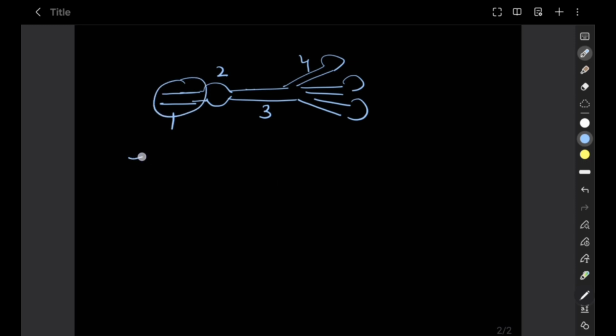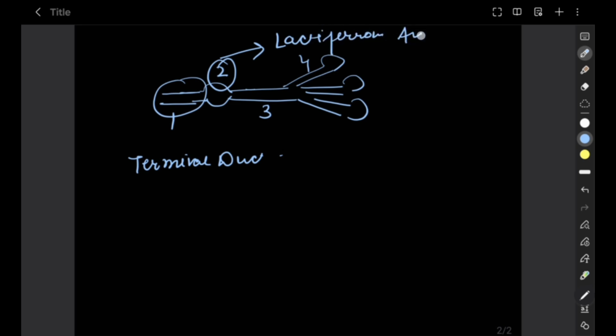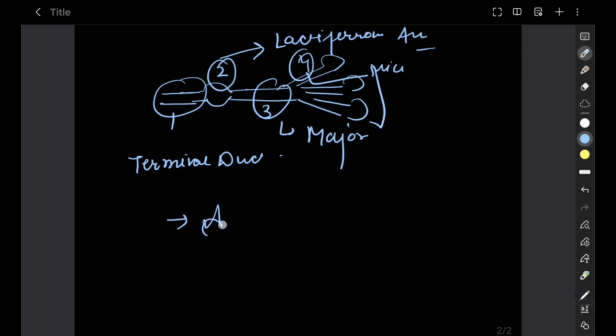So first is the terminal duct. Terminal duct. 2 is the lactiferous ampulla. 3 is the major lactiferous duct. 4 is the minor, and 5th, we are confused between alveoli, lobule, and lobe.